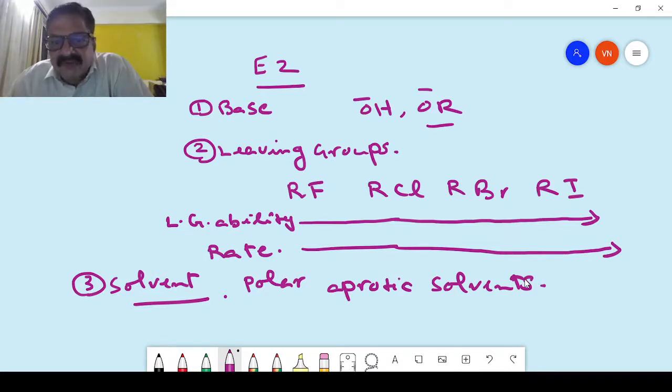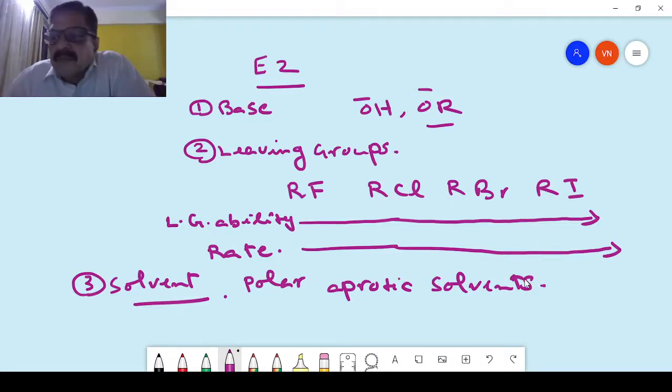We have seen this in the case of an SN2 mechanism. So a negatively charged base is not hidden by strong interactions with the solvent. Therefore, the base continues to be stronger. A stronger base increases the reaction rate. In the case of an E2 mechanism, a stronger base increases the rate of the reaction.